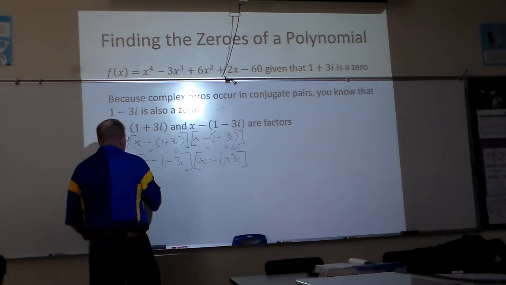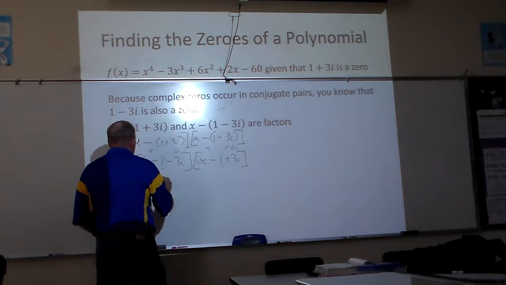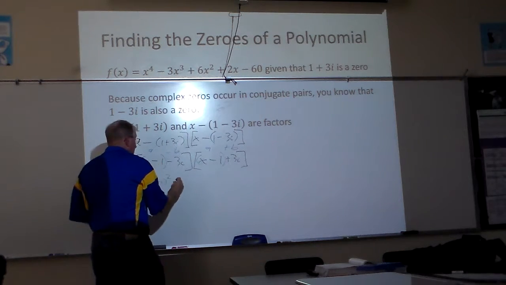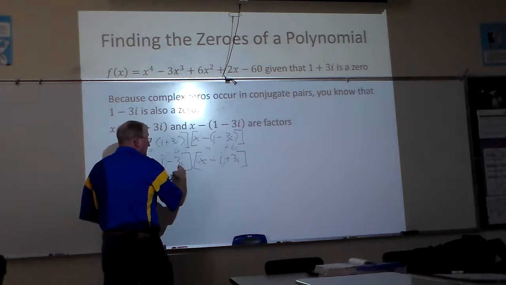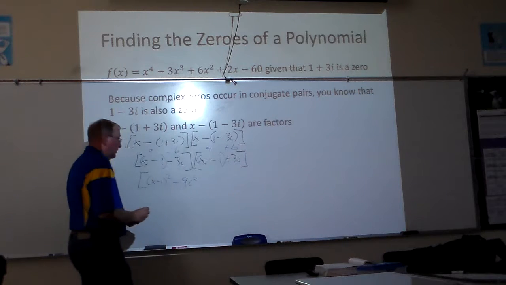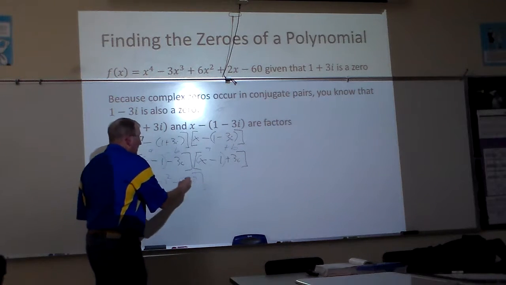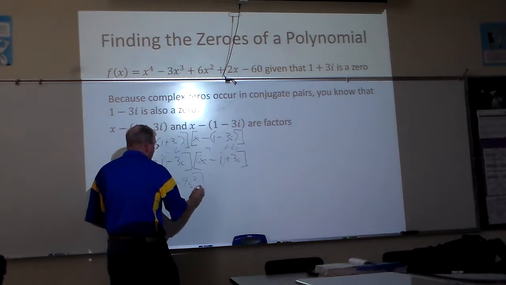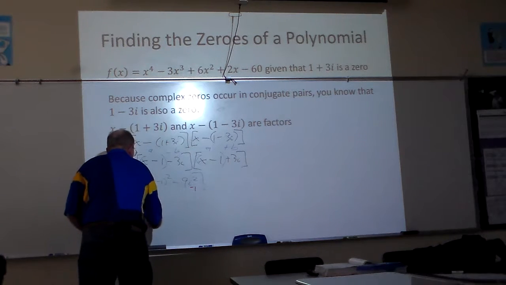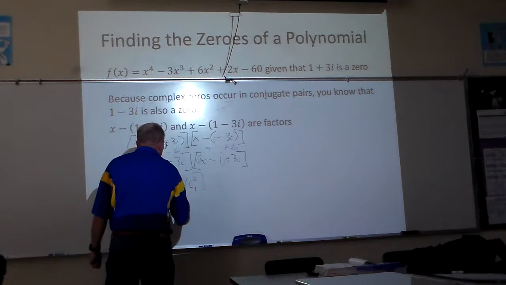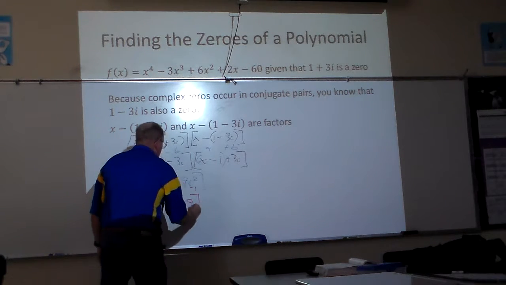So what I would have is x minus 1 squared, the a term, minus negative 3 times 3, which would be 9i squared. 9i squared will be the same thing as negative 9, meaning I will have x minus 1 squared plus 9.